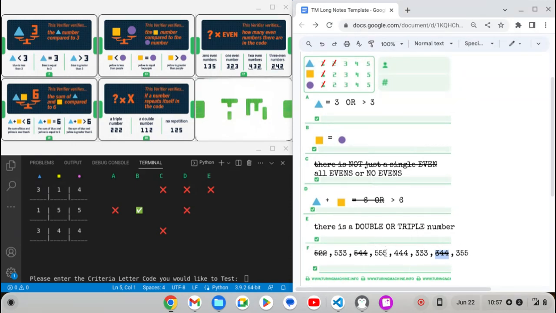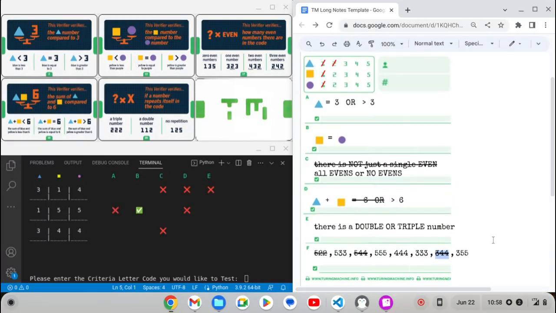I still have a couple that could be triples, and then it's kind of the reverse. Goodness. Okay, what can I test? I know B is for sure, D is for sure. I still don't know if there's a double or triple.